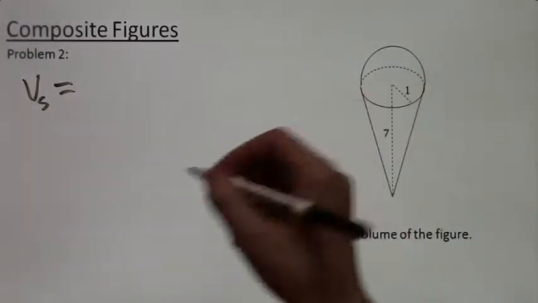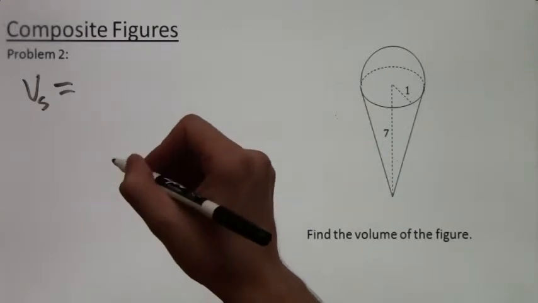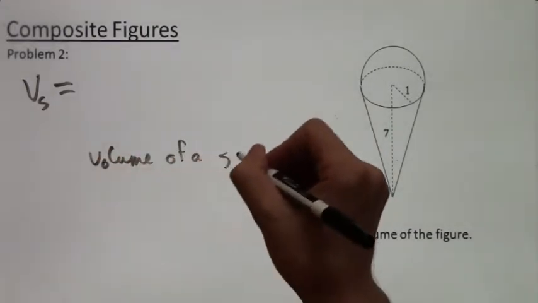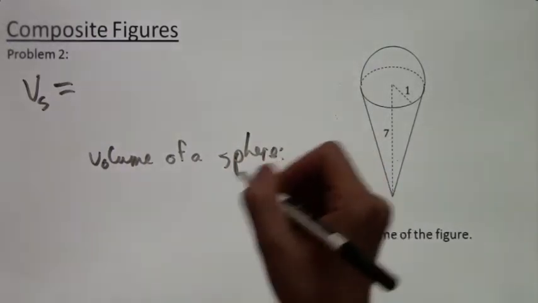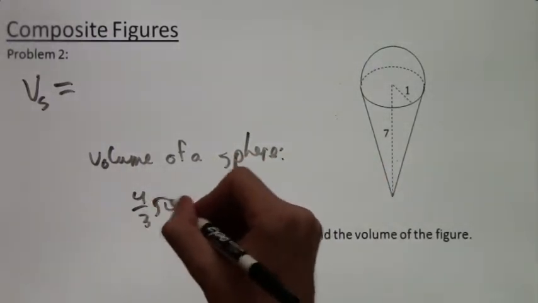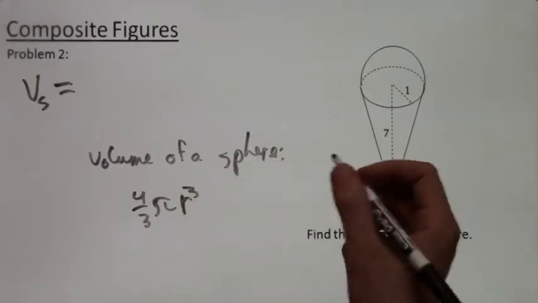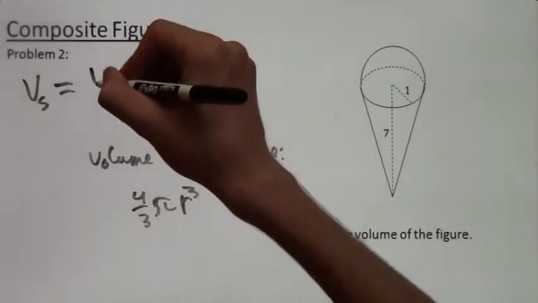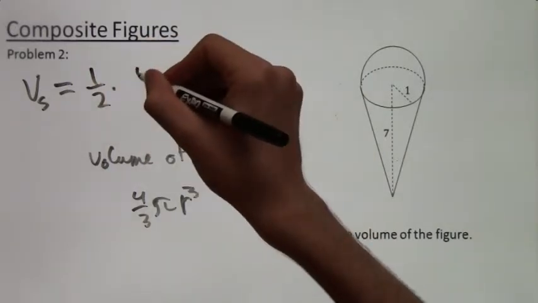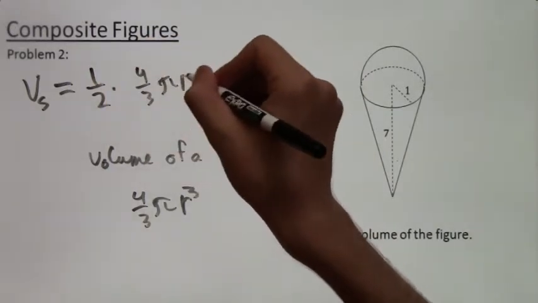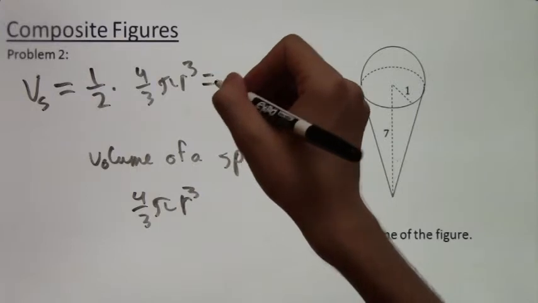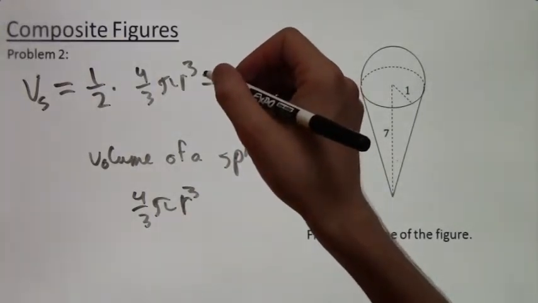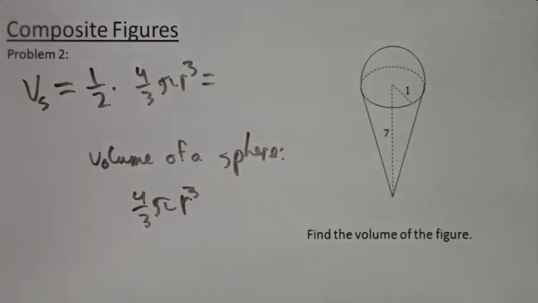The volume of a sphere, in general, if you don't remember the formula, is 4 over 3 pi r cubed. But right now we only have half of that. We have half of a sphere. So we divide by 2, we multiply by a half. And then that's times 4/3 pi r cubed, the whole volume of a sphere. And the radius here is 1.